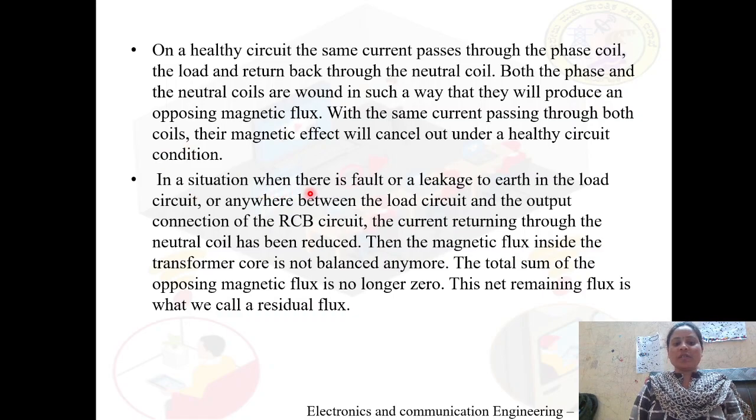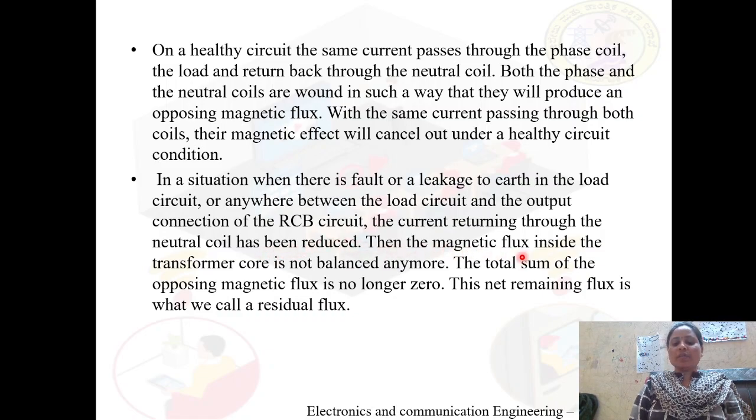But whenever there is a fault or a leakage to earth in the load circuit, or anywhere between the load circuit and the output connection of the RCCB, the current which returns through the neutral coil will be reduced.